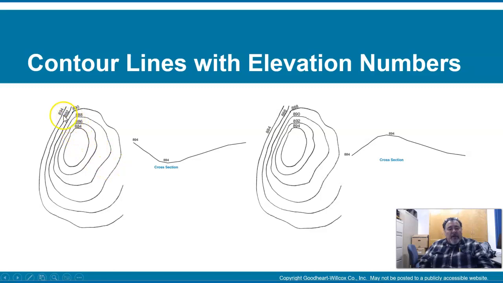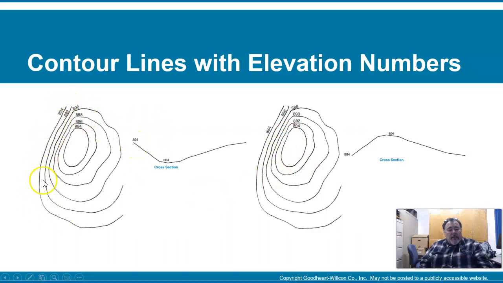So where the outer ring starts at 894 feet here, and this outer ring starts at 884 feet, oh, pardon me, the 894 feet is at the peak, the center. Here's 894 at the inner ring, and yet here's 894 feet on the outer ring.